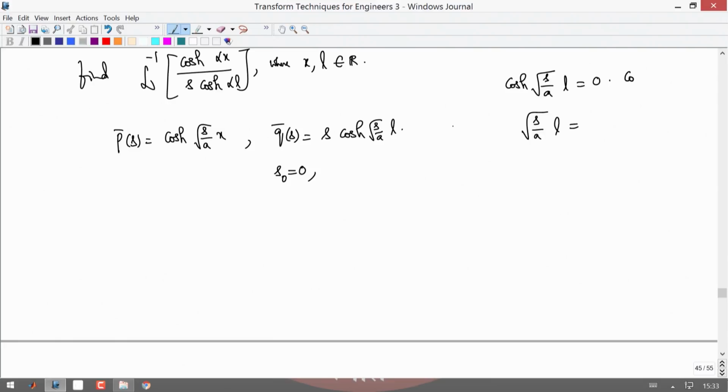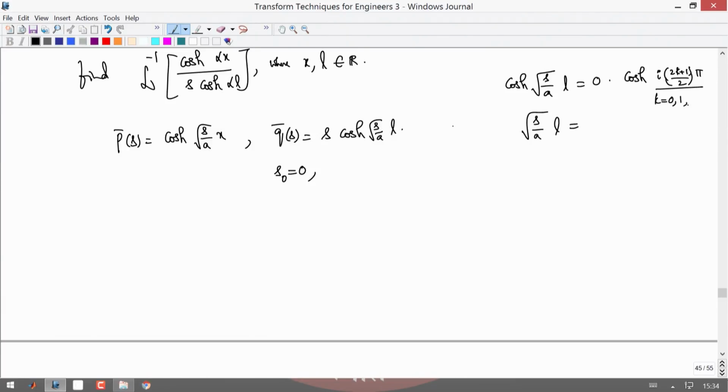Cos hyperbolic of root s by a times l equals cos of i times (k plus half) pi, that is 2k plus 1 by 2 times pi. These are cos values which are 0. For k equal to 0 it is pi by 2, and cos pi by 2 is 0.